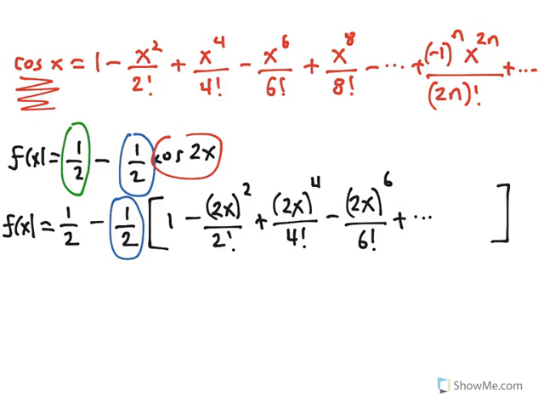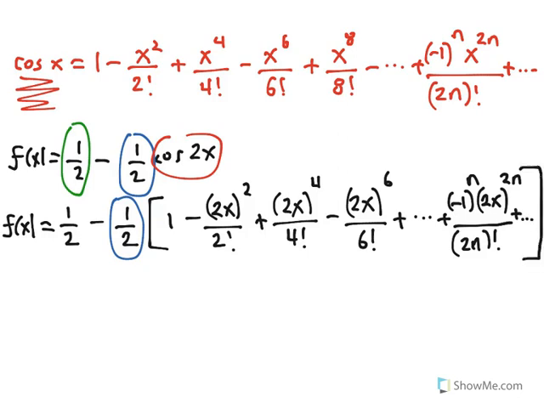And if you want to write the nth term, you can. The nth term will be negative 1 to the n, and I will have 2x to the 2n over 2n factorial, and of course you keep going after that. So that would be the power series for cosine of 2x.